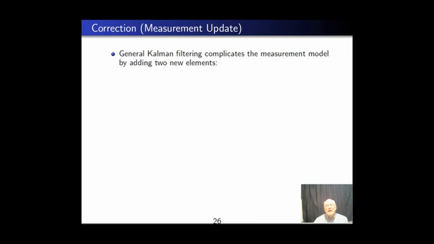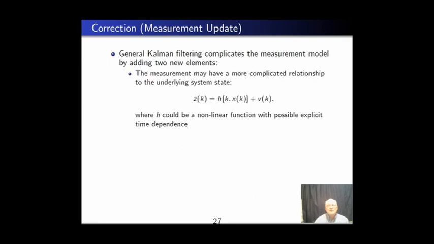We further complicate general Kalman filtering by adding some new elements to the measurement model. First, we assume that the measurement relationship could be a little bit more complicated. We might have a general function h, which maps the state at time k into the measurement at time k. In order to compute the Kalman gain, however, we're going to need this relationship to be a linear one.